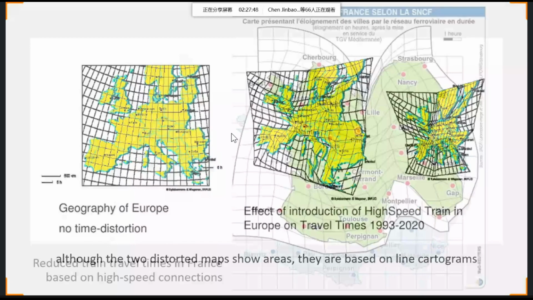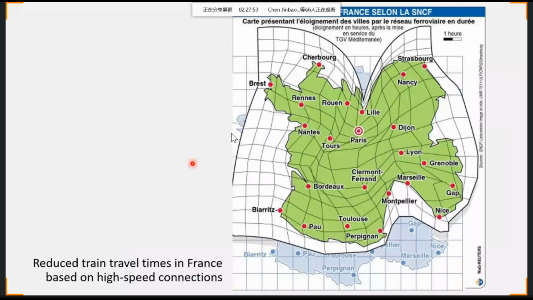This is another one, a better looking one. This is just France. And in the background, you have the normal map of France. A bit of it you can see. And of course, the main focus is also about high speed connections. The most important is a north-south connection running via Lille, Paris, Lyon, and Marseille.